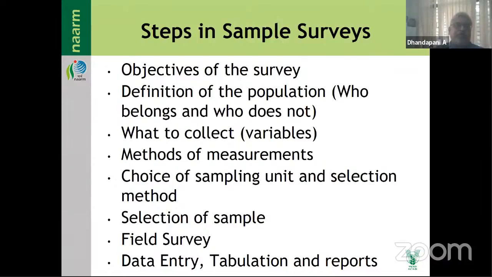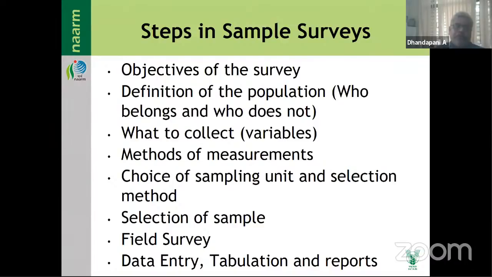So you have to set your objectives. The objectives are not only going to say what you are going to study, but also tell you your unit of study, in the sense of what geographical area you are going to cover.